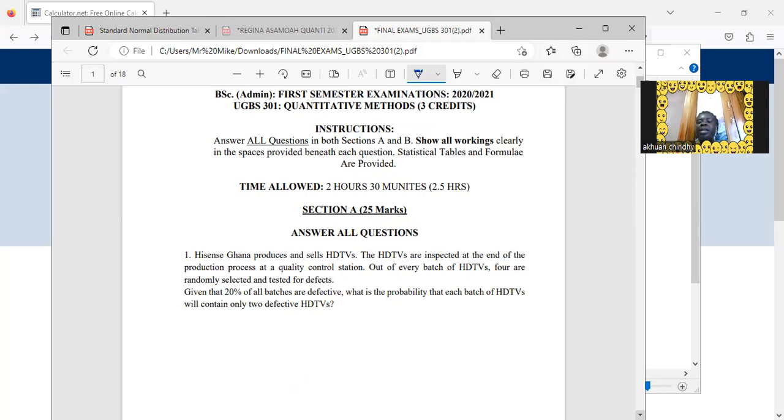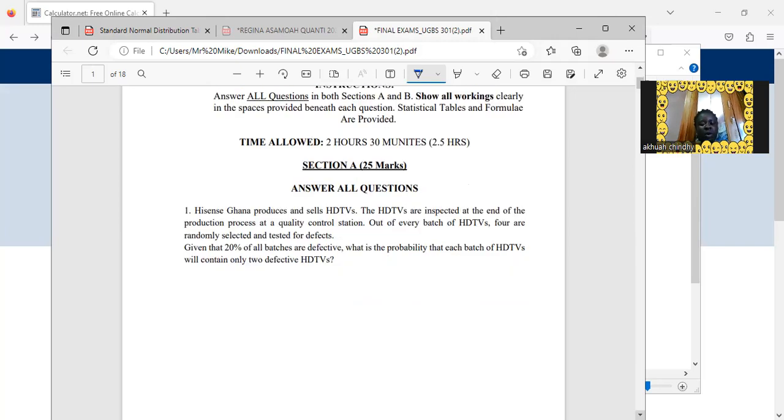Out of every batch of HD TVs, 4 are randomly selected and tested for defects. Given that 20% of all batches are defective, what is the probability that each batch of HD TVs will contain only 2 defective HD TVs? So this is the question.